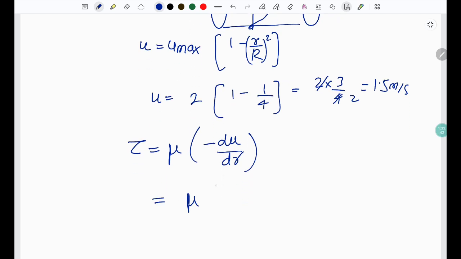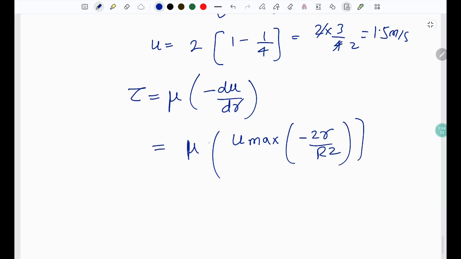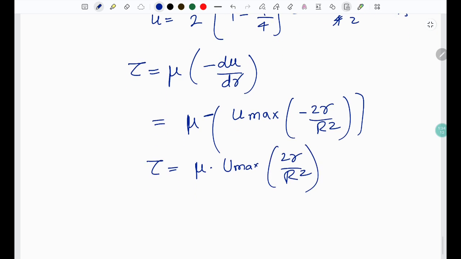When we differentiate the velocity U with respect to r, you will get U max, which is constant, times minus 2r by R square. Therefore tau becomes mu into U max bracket 2r by R square, which is what we want.